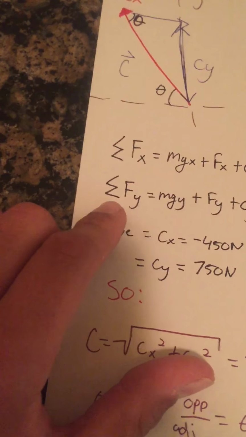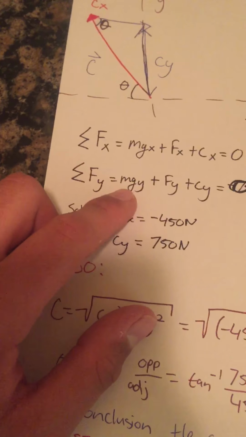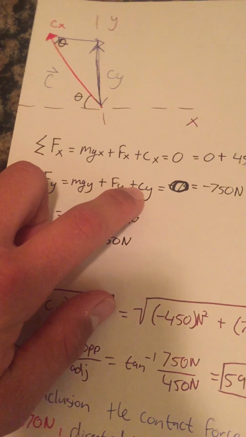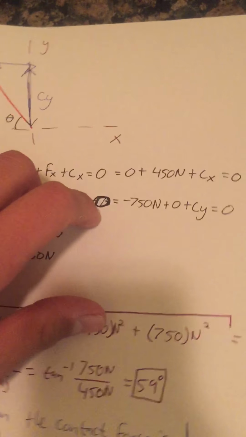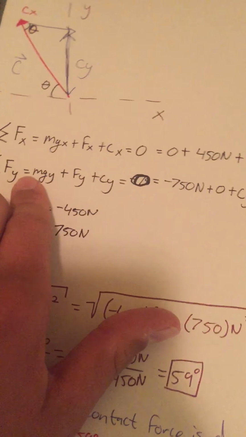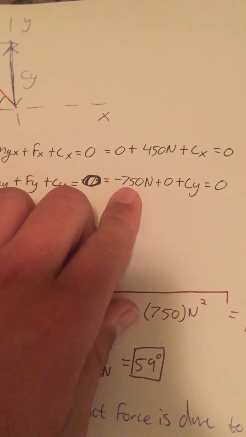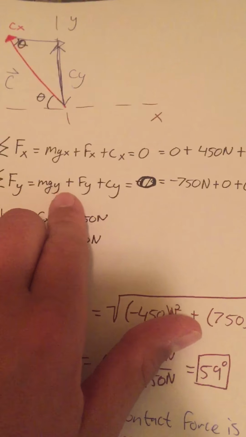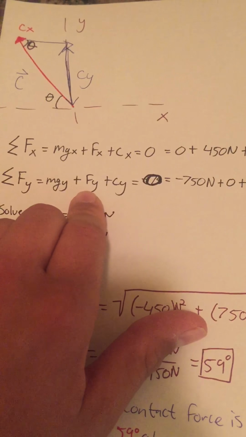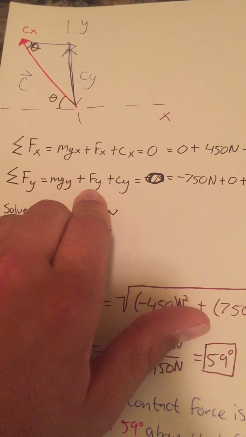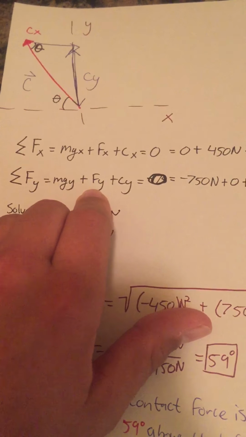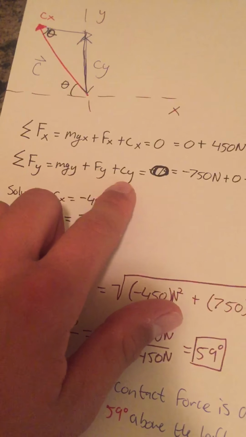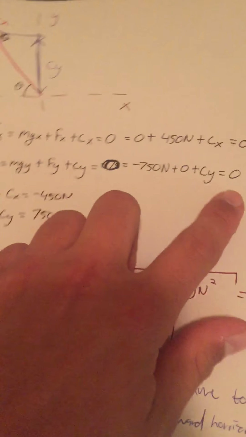Then the sum of Fy is gravity in the y direction plus your force in the y direction plus your contact force in the y direction equals 0. The gravity force in the y direction is negative 750 newtons, plus 0 because there is no push by the player in the y direction, and then you add the contact force Cy, and you set that to 0.